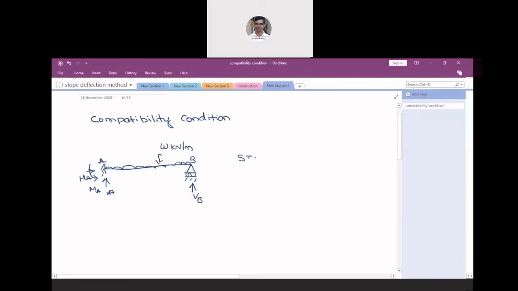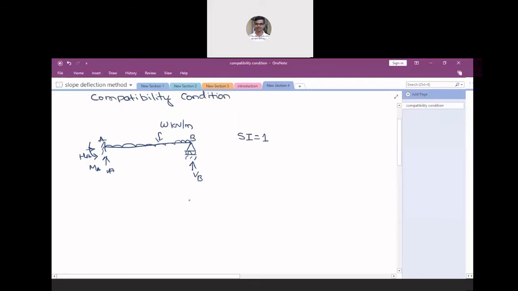Now, the degree of indeterminacy for this problem is equal to 1. So we need to develop an additional equation apart from the equations of equilibrium which we have. So now I'll use the method of superposition.